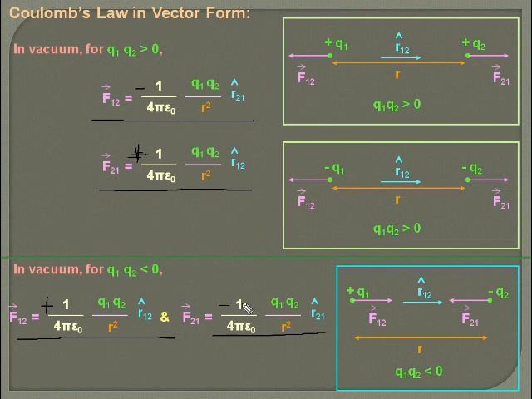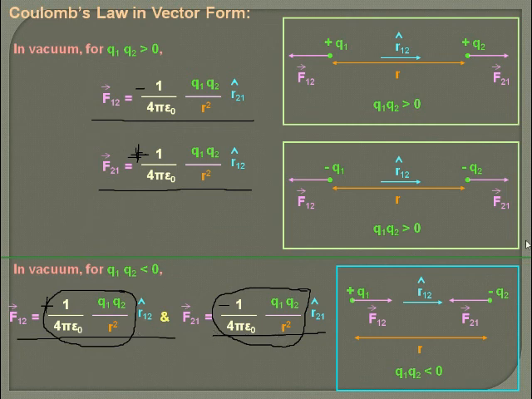So what we can see with these expressions is, if we consider the magnitude part, always remember that a negative sign in a vector indicates opposite direction. Here the negative is not part of the magnitude. So F12 and F21 both have the same magnitude but opposite direction.